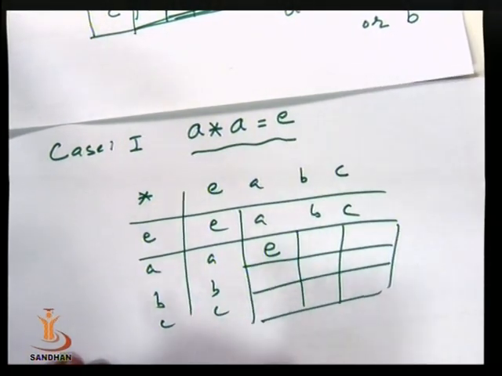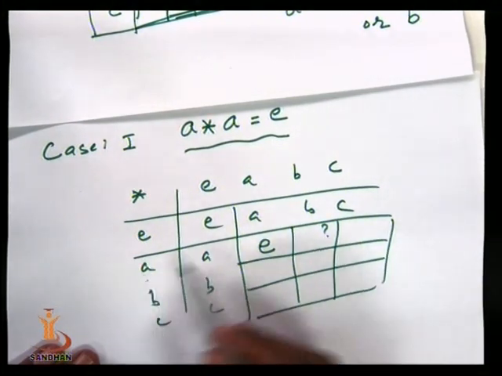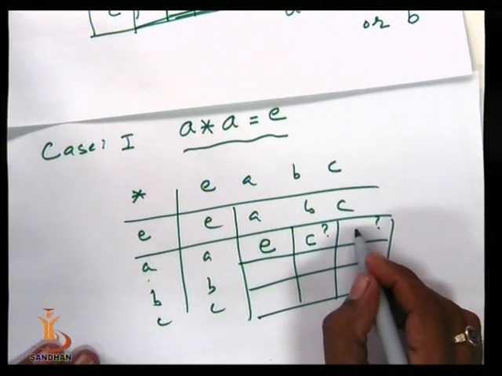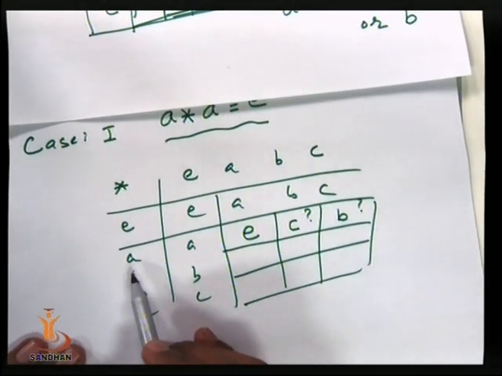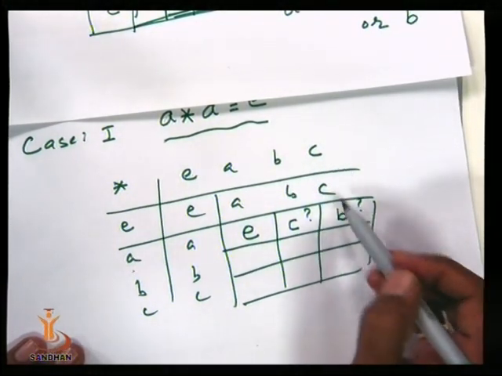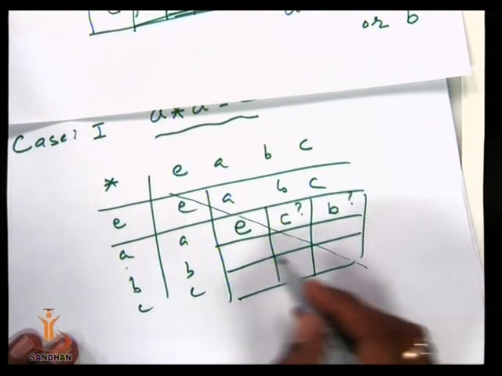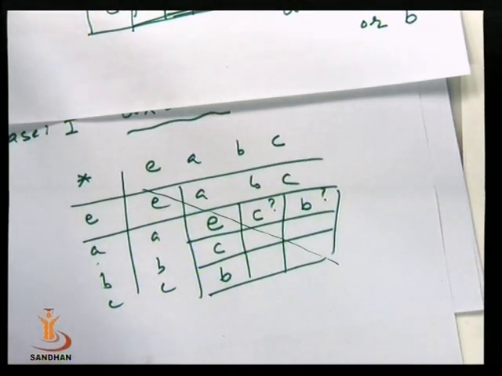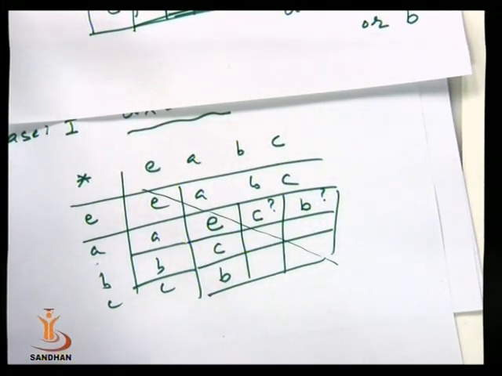If this is E, then what will be A star B and A star C? Obviously A star B will be C and A star C will be B. As this is commutative, we will get C here and B here. So we got E, C, B.